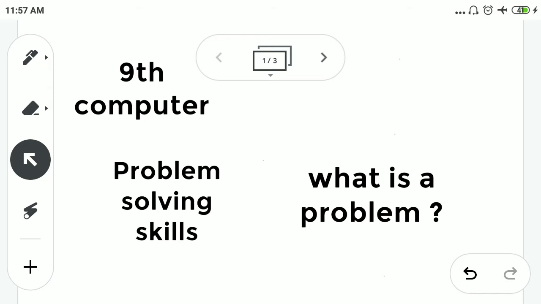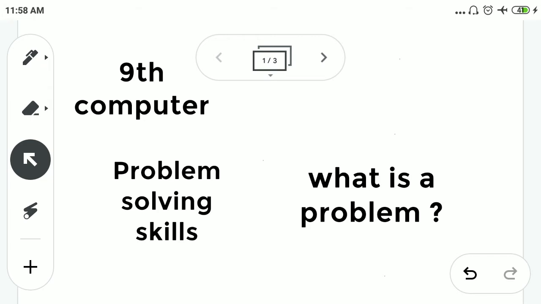So, in our day to day life, we are taking so many decisions to solve many problems. Likewise, computers are used to solve many problems. In this developing world, you need problem solving skills that are necessary in all aspects of your life.